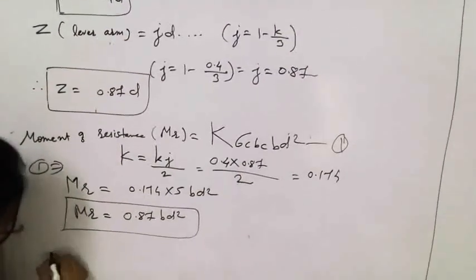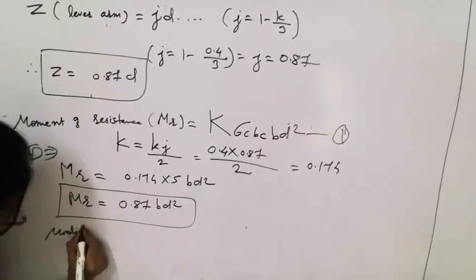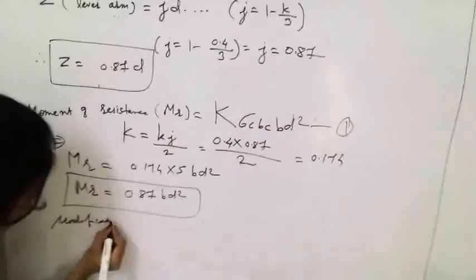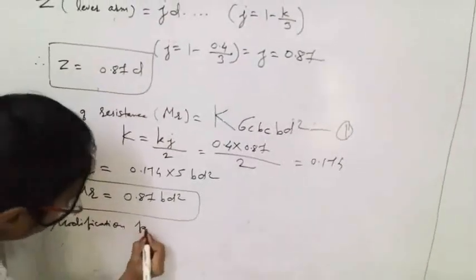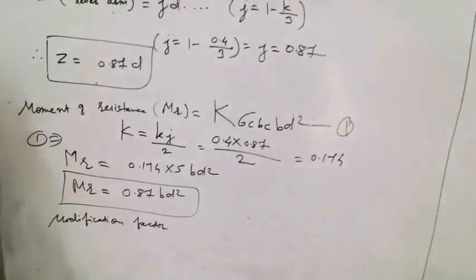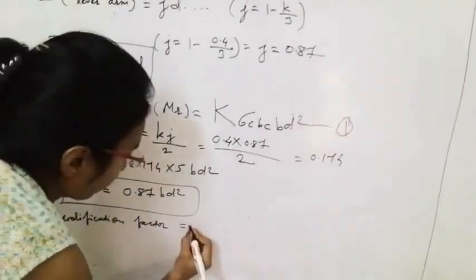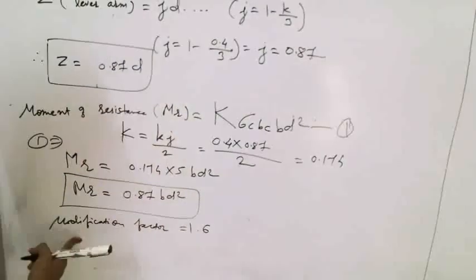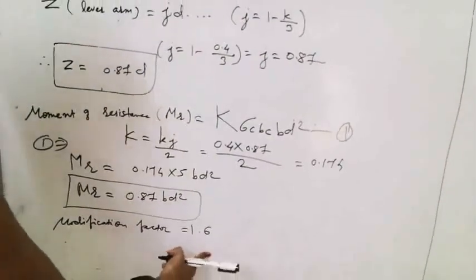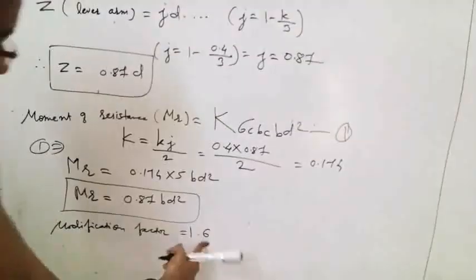And assume modification factor 1.6. You can assume the modification factor between 1.2 to 1.6.